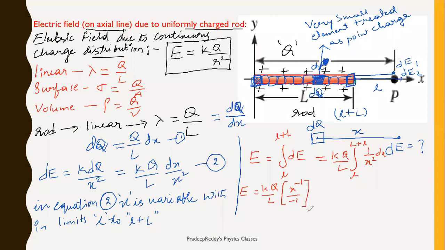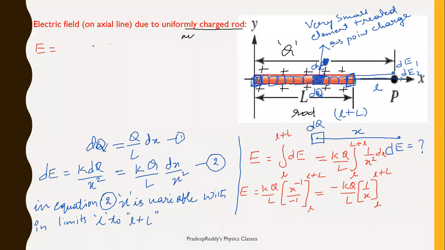The limits are from small l to small l plus capital L. Now this gives minus K capital Q divided by L into 1 by x, with limits from small l to l plus capital L. Continuing the derivation, it will be minus K capital Q divided by L into the upper limit, 1 divided by l plus capital L, minus the lower limit, 1 divided by small l.